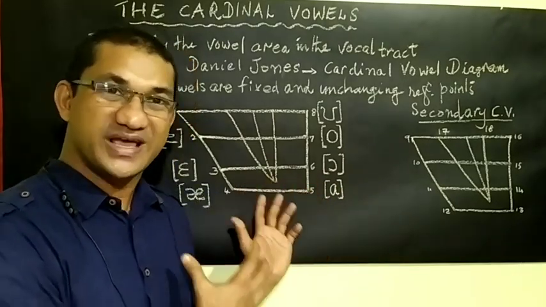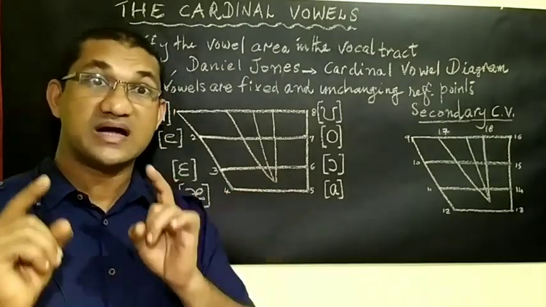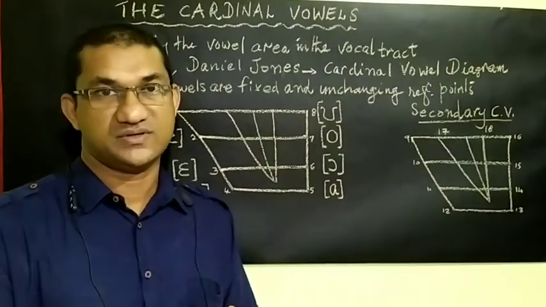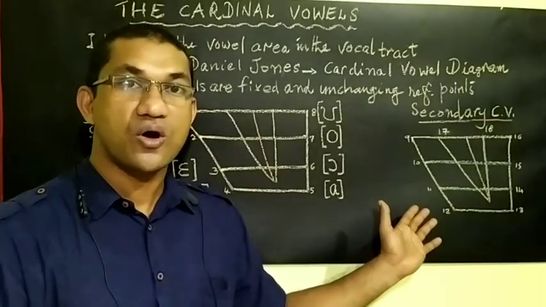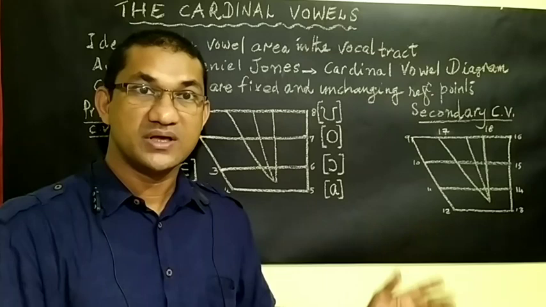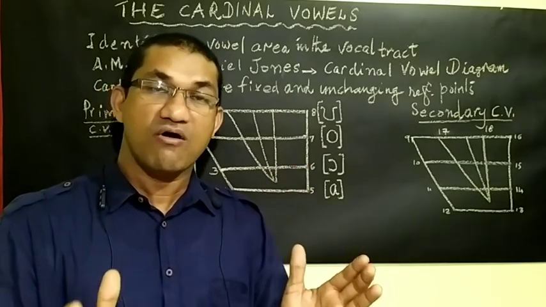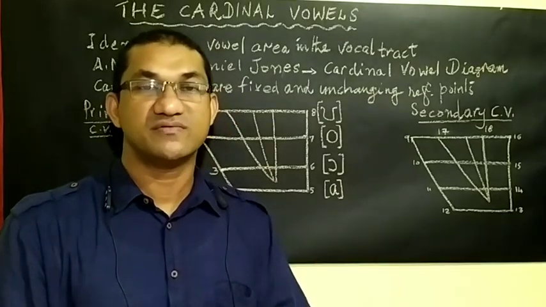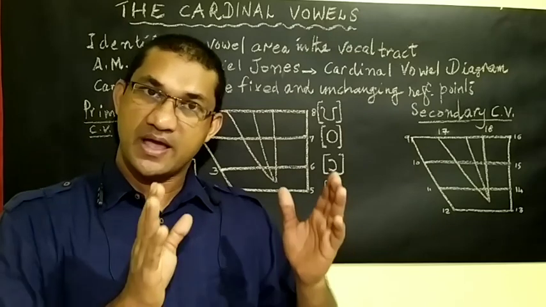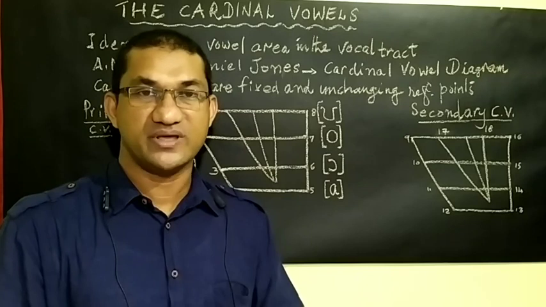The first chart is just drawn to understand the primary cardinal vowels, and the second chart is drawn to understand the secondary cardinal vowels. There are in fact 8 primary cardinal vowels and 10 secondary cardinal vowels. That is 8 plus 10, 18 cardinal vowels altogether.